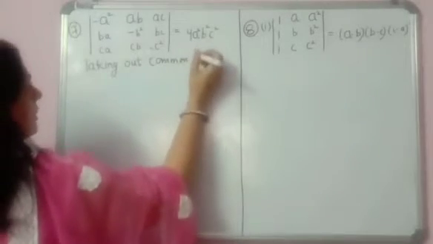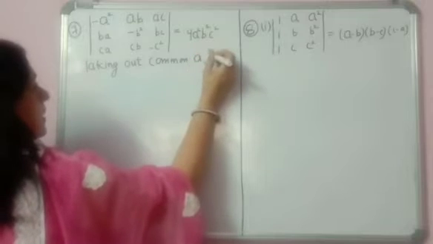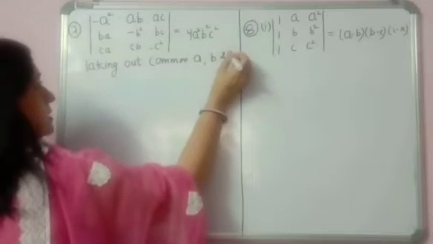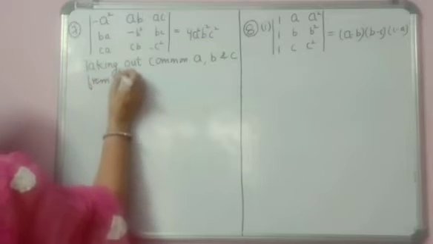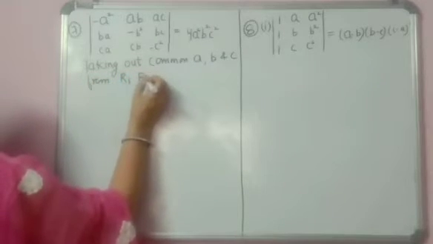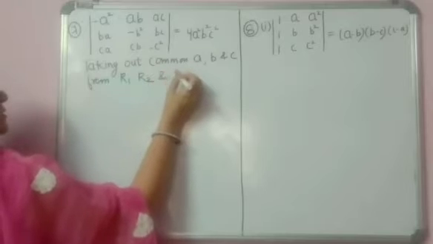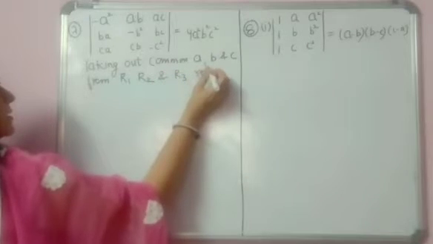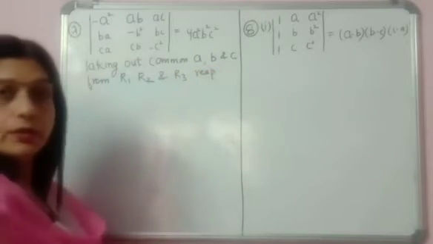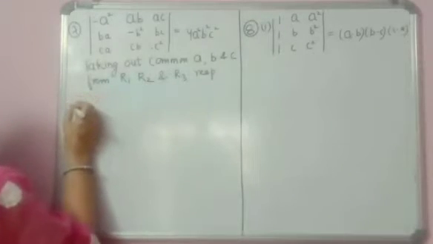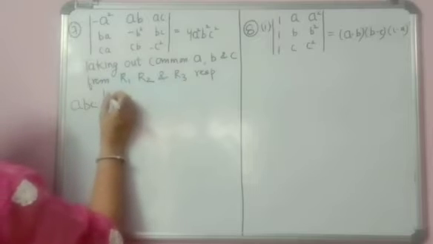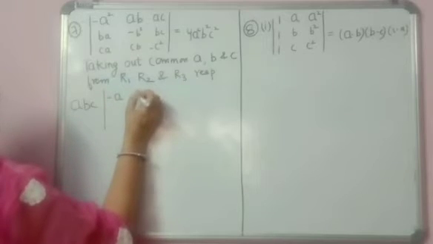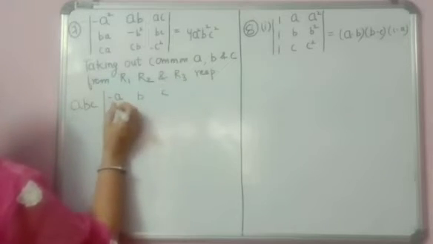So taking out common a, b and c from R1, R2 and R3 respectively, you have minus a, b, c.